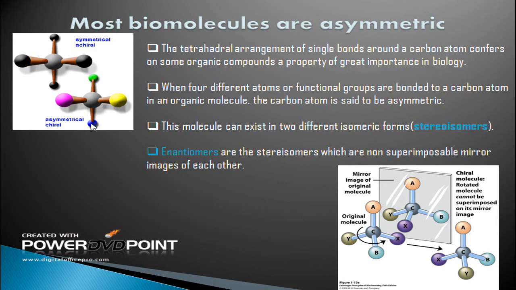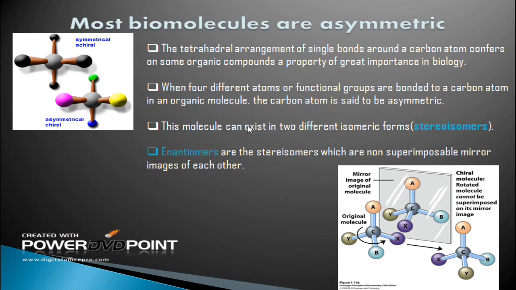When four different atoms are bonded to a carbon atom in an organic molecule, the carbon atom is said to be asymmetric. Like this. This is the symmetrical carbon atom where two of the groups look similar and these two groups look similar, but in the asymmetric organic compound, the carbon is bonded to 4 different atoms or groups of atoms.